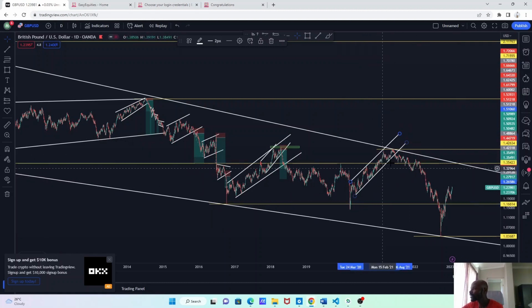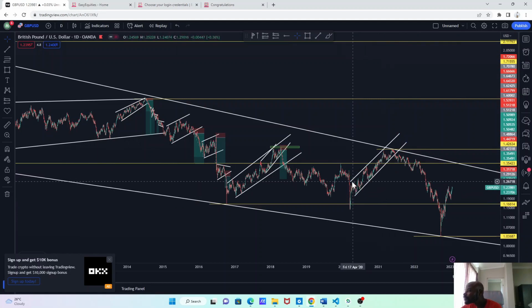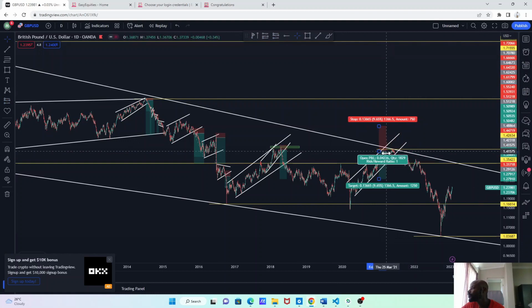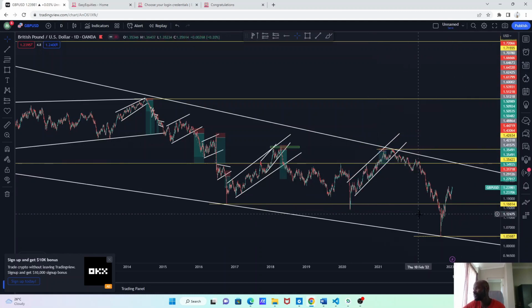So you can either enter here, look at what the market is forming on the smaller time frames, then enter here, target here.